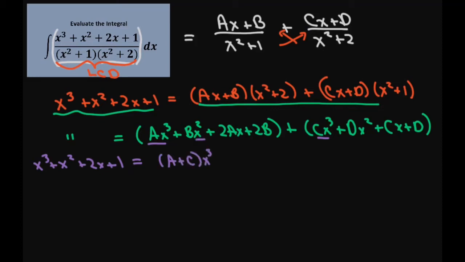And then for my squares, I'm going to get (b plus d) x squared. And then for my x's, I'll get (2a plus c) times x. And then for my constants, that's just going to be 2b plus d.